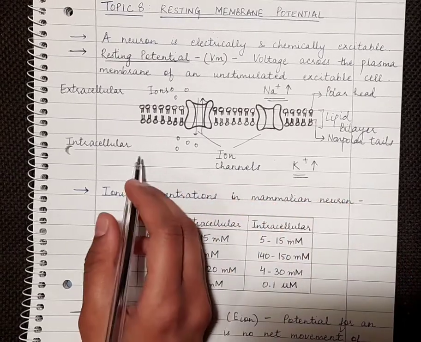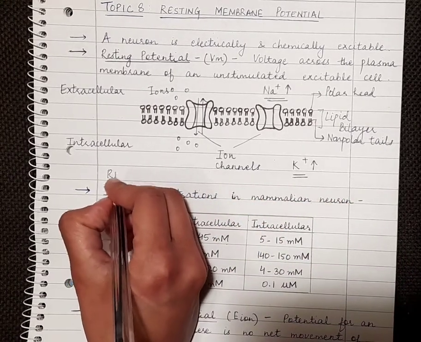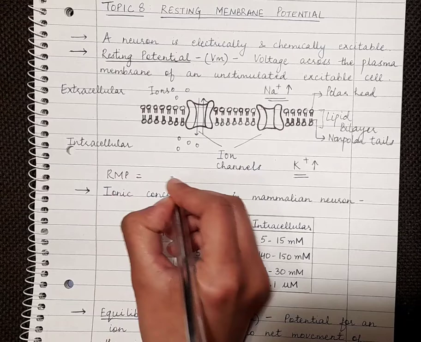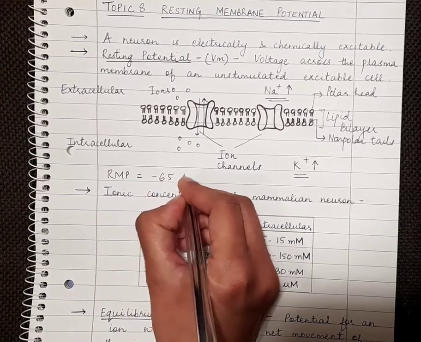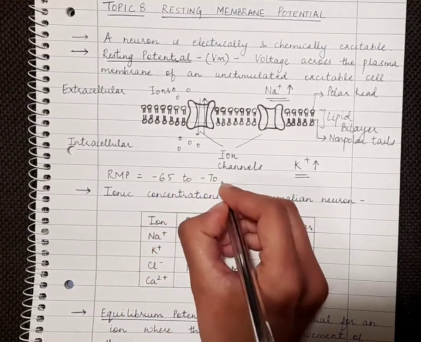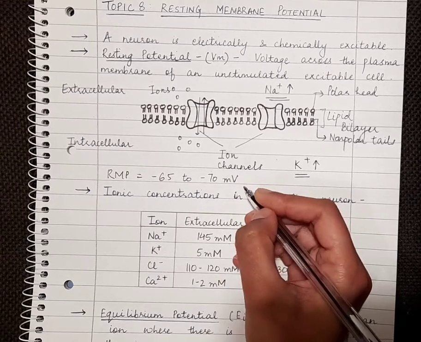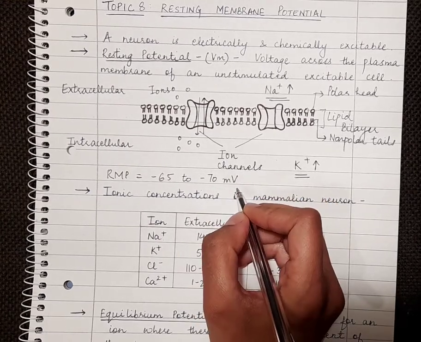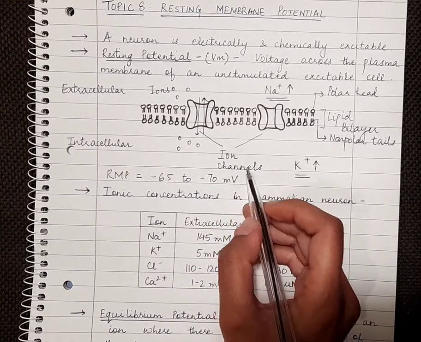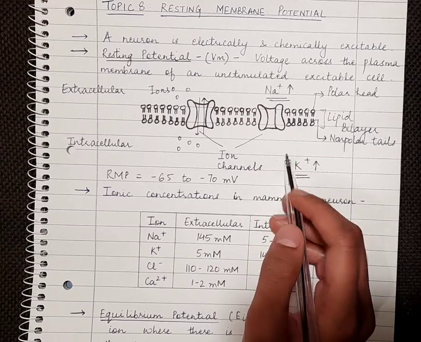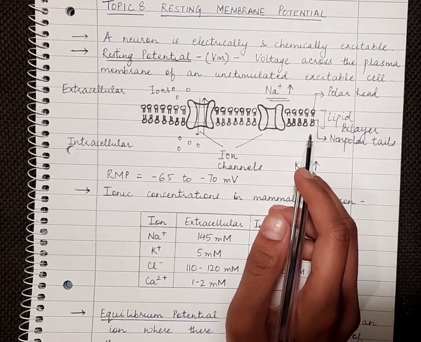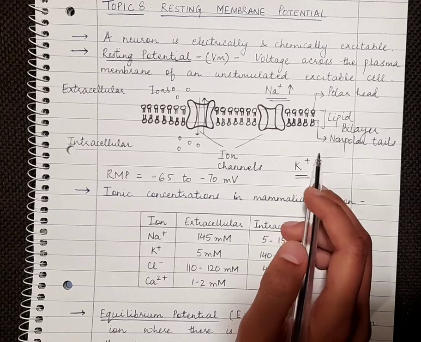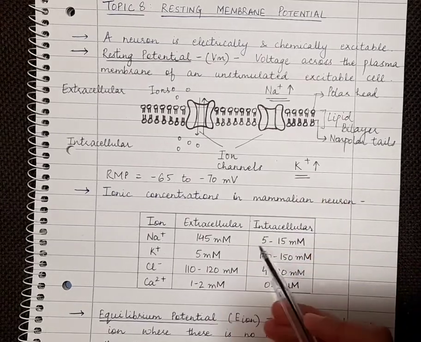The resting potential, also known as the resting membrane potential, is maintained because of these differences in the voltage across the membrane, and that is maintained because of these ions.